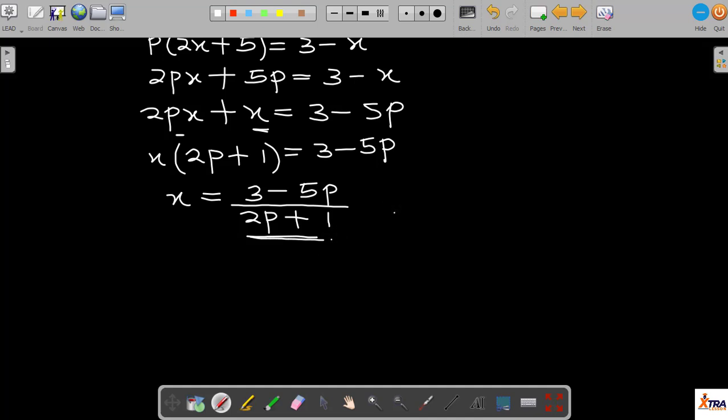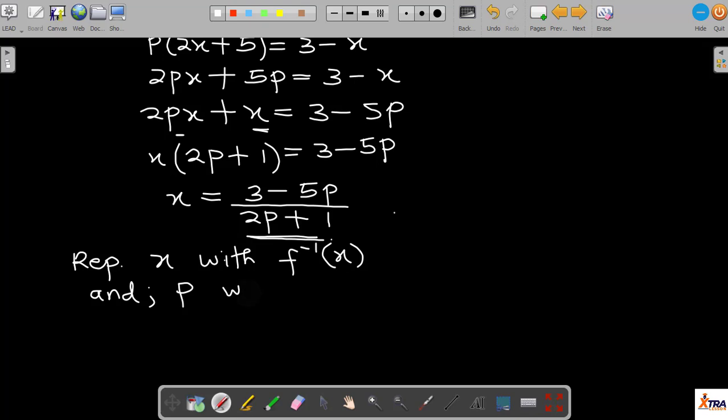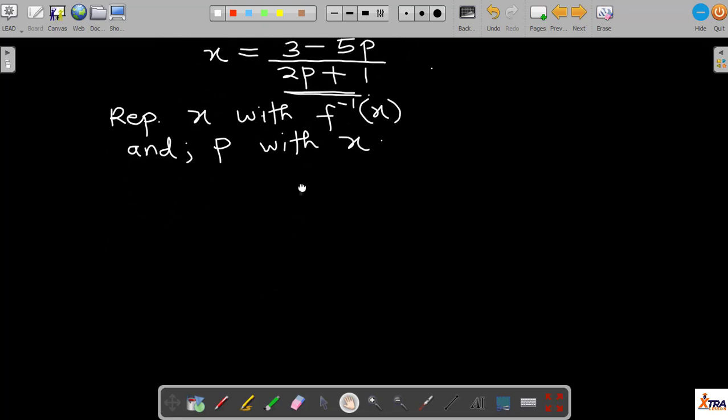But to remind you, this is not what we're looking for. We are actually looking for g inverse of x. So we remember to represent x with g inverse of x, and p with x. Remember the procedure in the inverse of a function.